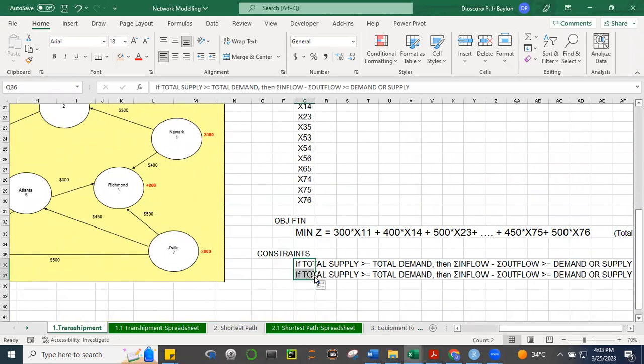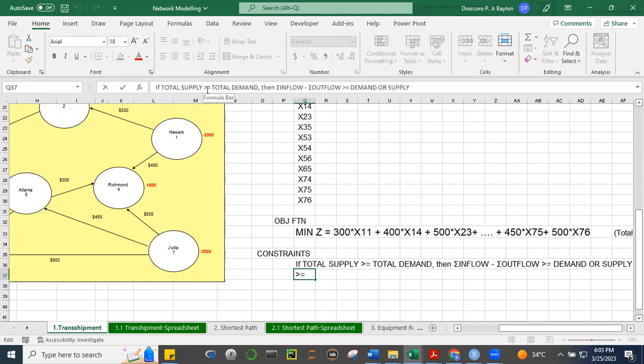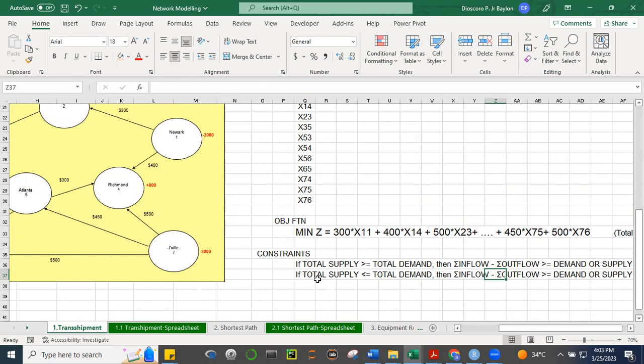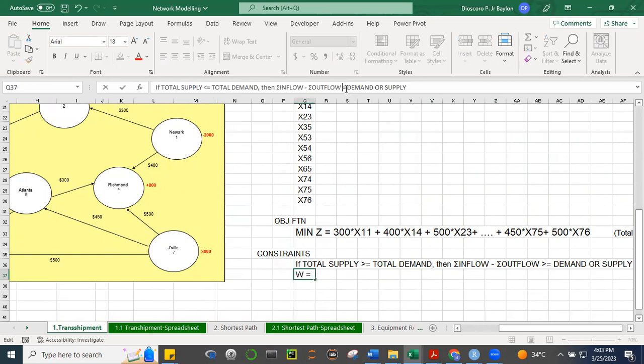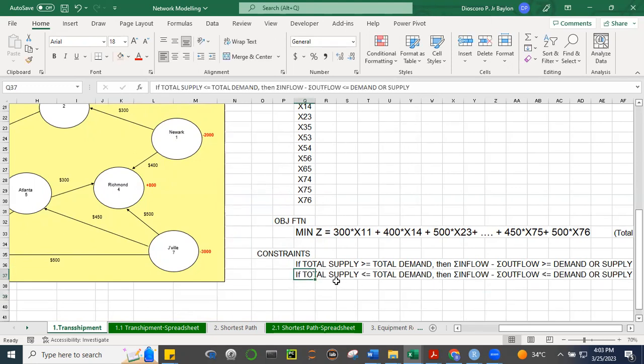If on the other hand, the total supply is less than your total demand, then the formula changes. Then this will be less than. And lastly, if it's equal, then equal lang.